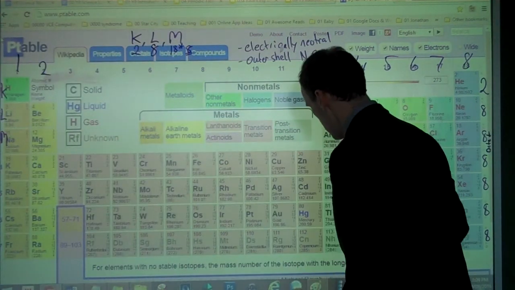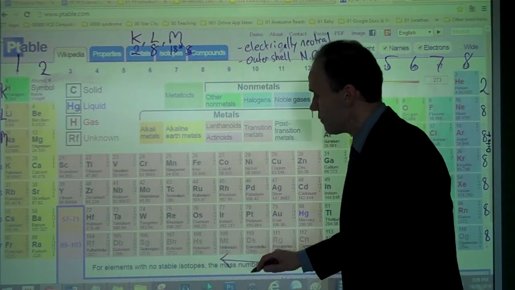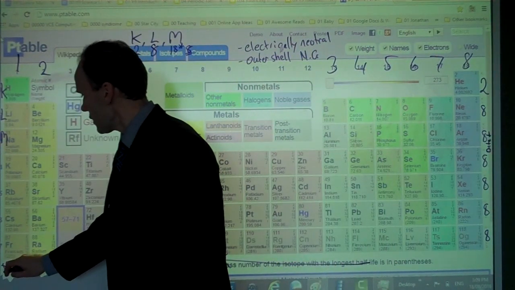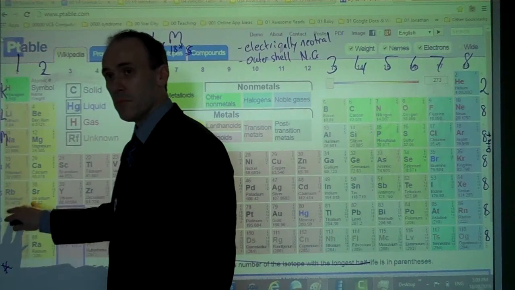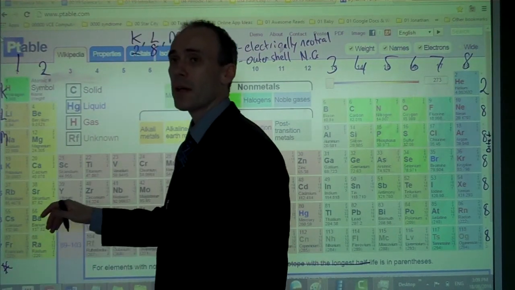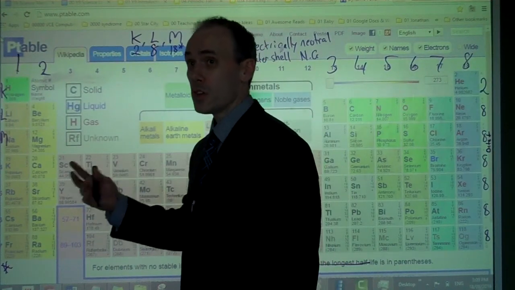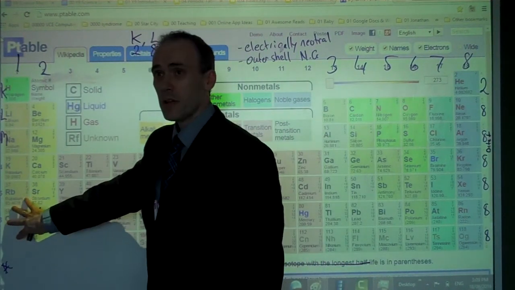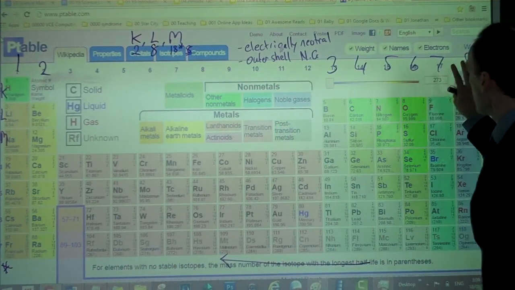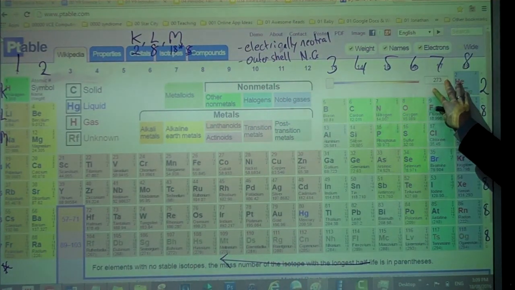Now, you have on your periodic table a couple of arrows in terms of reactivity. You should know that basically that corner down there is the most reactive. And when we say reactive, we're talking about electrons being lost. So most reactive would desperately like to get rid of electrons, and least reactive in the top right corner.